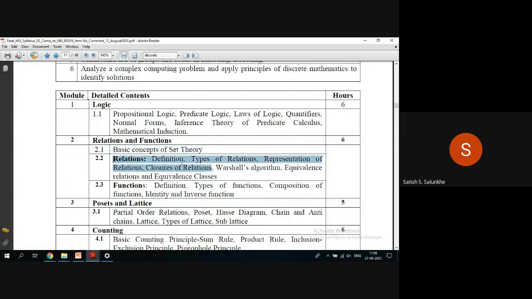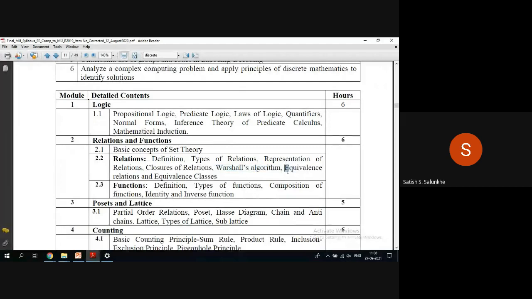We also completed various types of relation like reflexive, non-reflexive, symmetric, antisymmetric, asymmetric, transitive, and we also saw how to represent relations in terms of set, in terms of property, in terms of graph. Also, we have seen what is the closure of the relation, and the Warshall algorithm for finding the transitive closure of the relation.